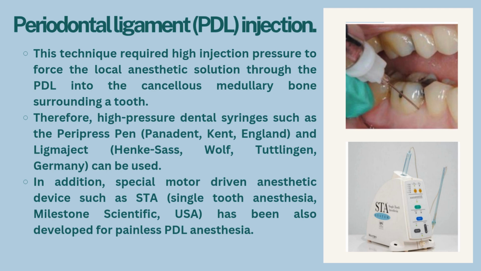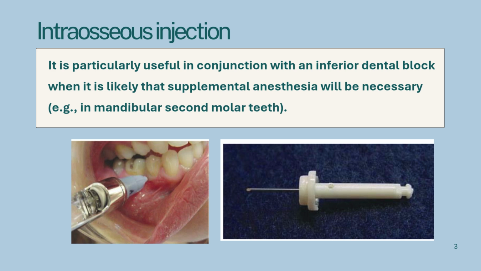There are syringes specifically designed for this purpose, like the Peri-Press-Pen, or another one is the STA single tooth anesthesia, as you can see in the picture. These are designed for PDL injection.